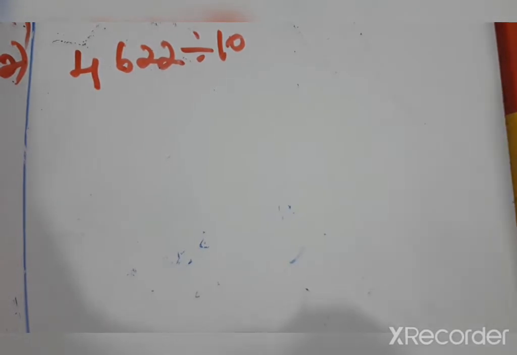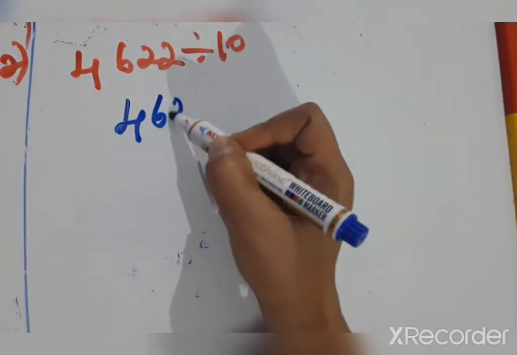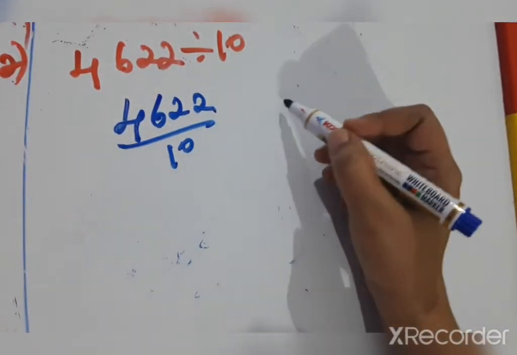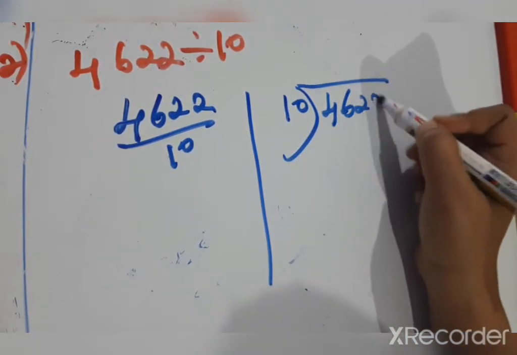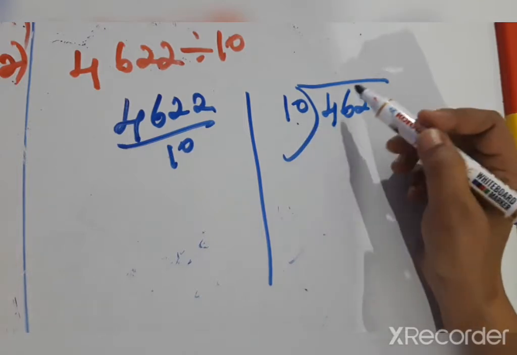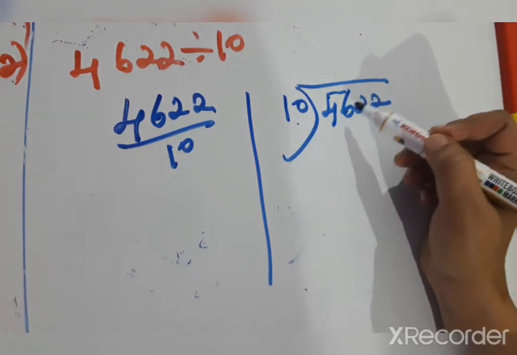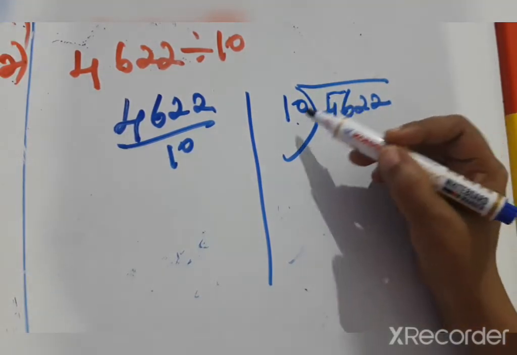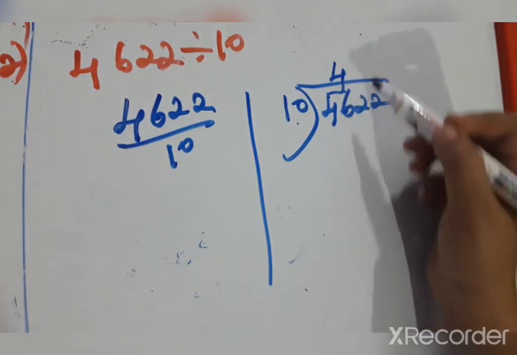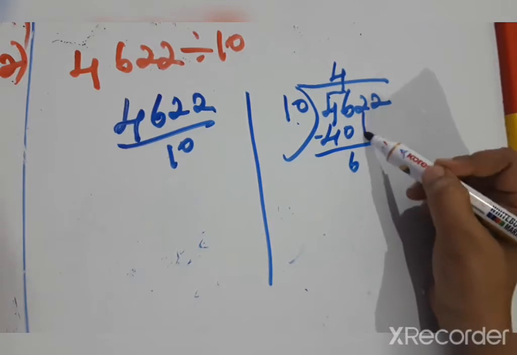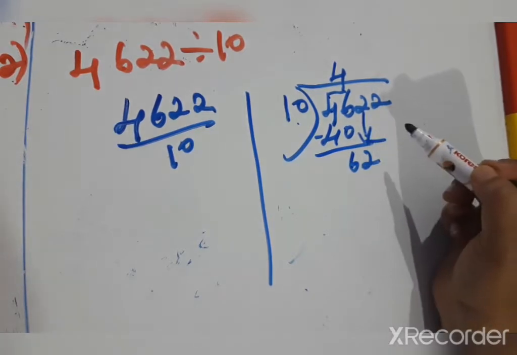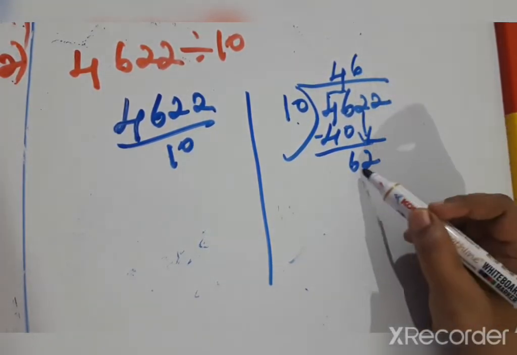Now the next question, 4622 divided by 10. So here 10 into 4622. 10 how much? Can we take 4? No, so we have to consider 46, a 2-digit number. 10 fours are 40, that is nearer to 46. Minus means 6, bring one number down, now 62. 10 how much now? 10 sixes are 60.